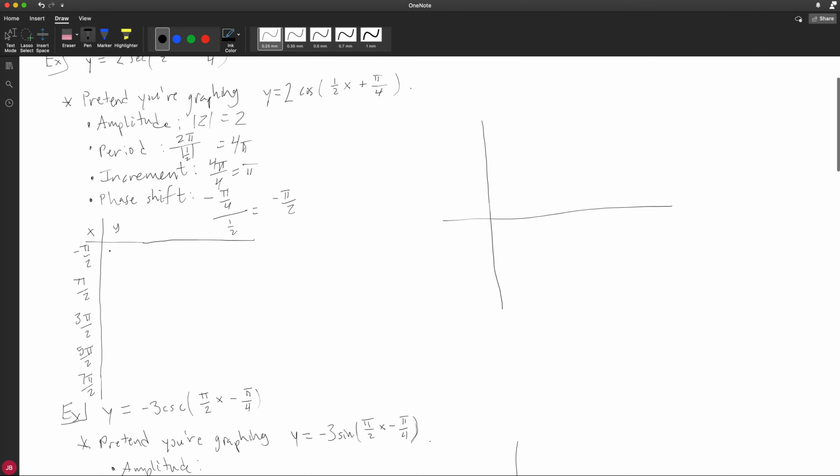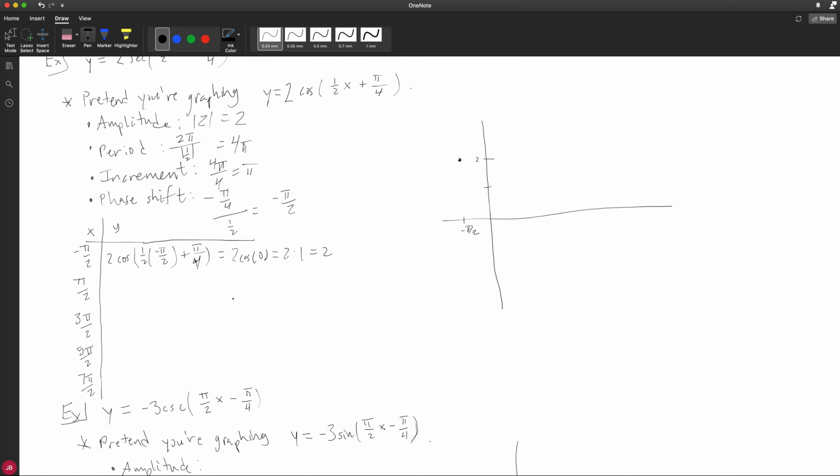So here we would get 2 times the cosine of 1/2 times minus pi over 2 plus pi over 4. And this works out to be 2 times the cosine of 0, which is 2 times 1 equals 2. So at minus pi over 2, we get a value of 2.